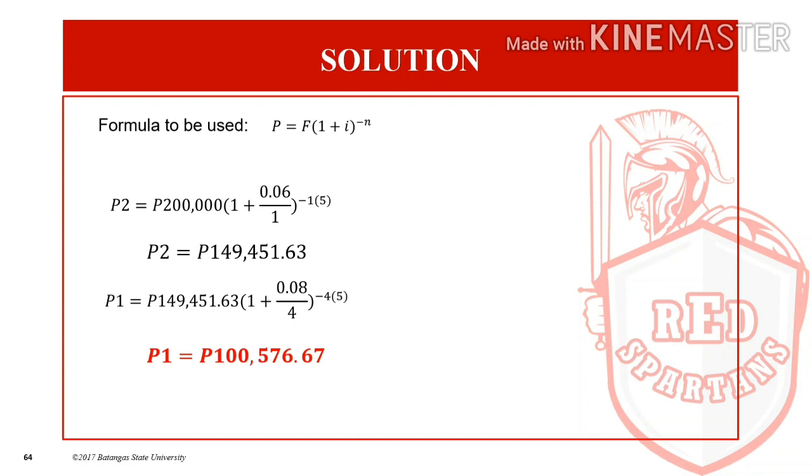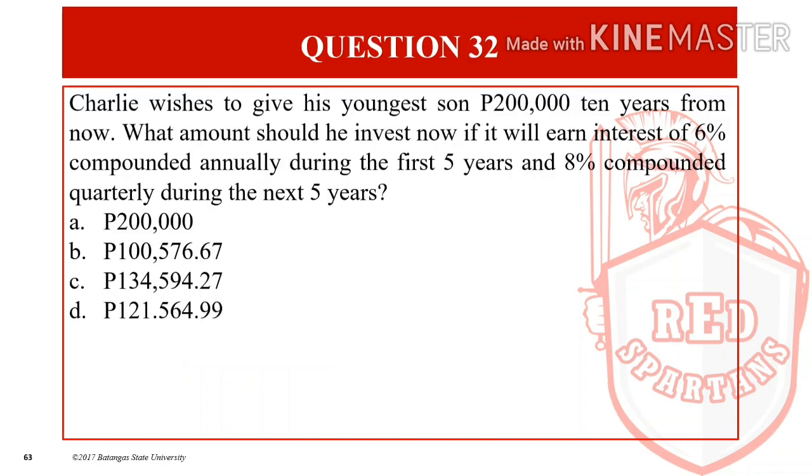So, gagamitin ulit nating formula. P is equal to F times 1 plus i raised to negative n. So, kukunin natin ano ba yung amount na ininvest para makakuha yung son ng 200,000 pesos 10 years from now.